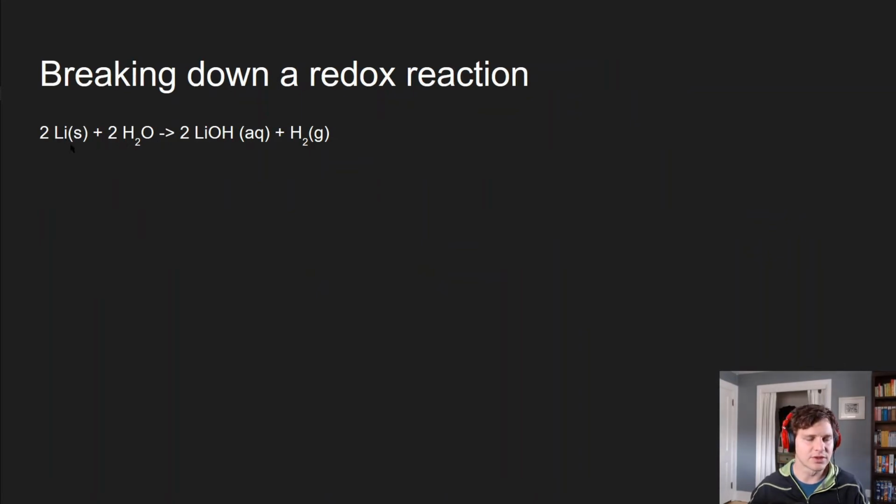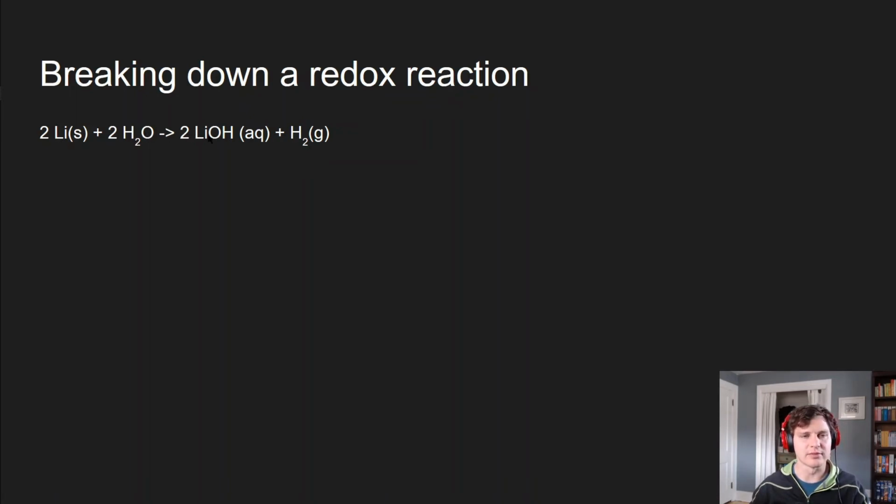So 2 lithium, which is a solid, has an oxidation state of 0 because it's self-bonded. 2 H2O: hydrogen bonded to a nonmetal is +1, so times 2, that's +2, and then oxygen is -2.